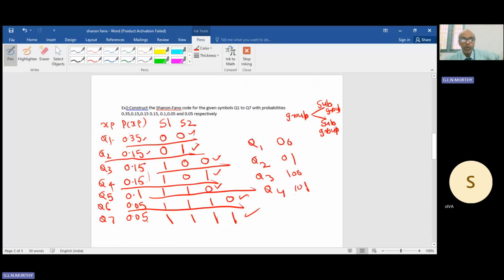Q4, 1, 0, 1. Q5, 1, 1, 0. Q6, 1, 1, 0. Q7 is 1, 1.